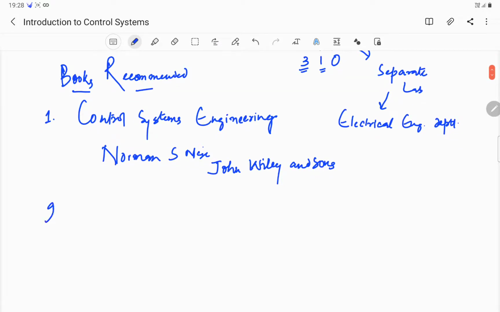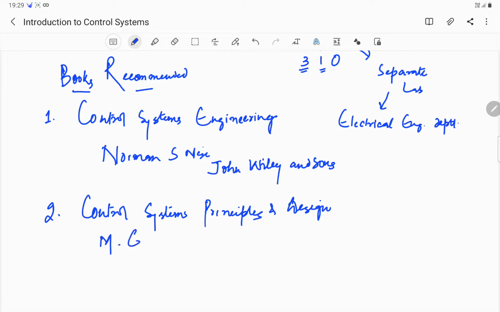The second book is Control Systems Principles and Design, and the author is M. Gopal.